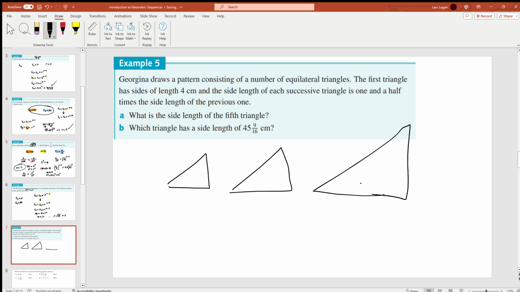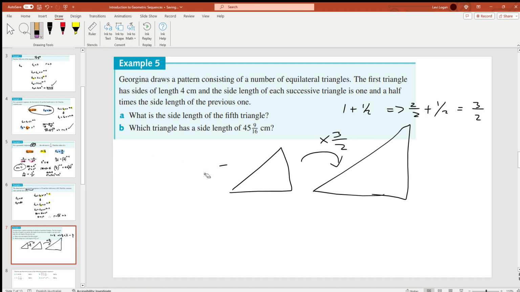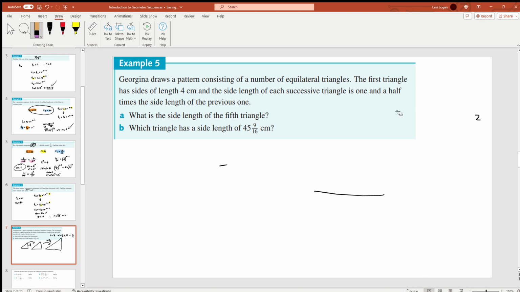The factor they're increasing by is 1.5, so 3 on 2. So times by 3 on 2, times by 3 on 2. 1 plus a half is the same as 2 on 2 plus a half, which gives you 3 on 2, if you don't know where I got that from. So that's 1.5 really, and we can see it's a geometric sequence.